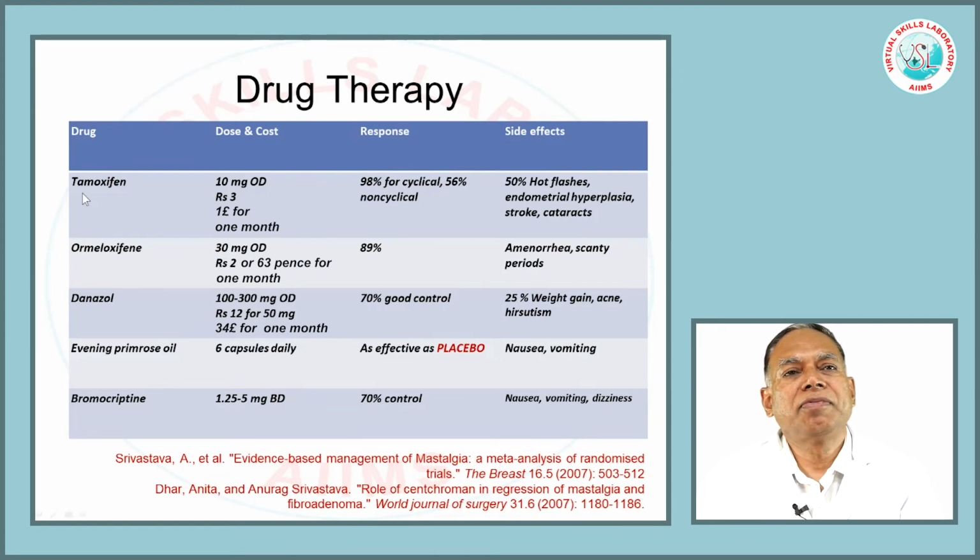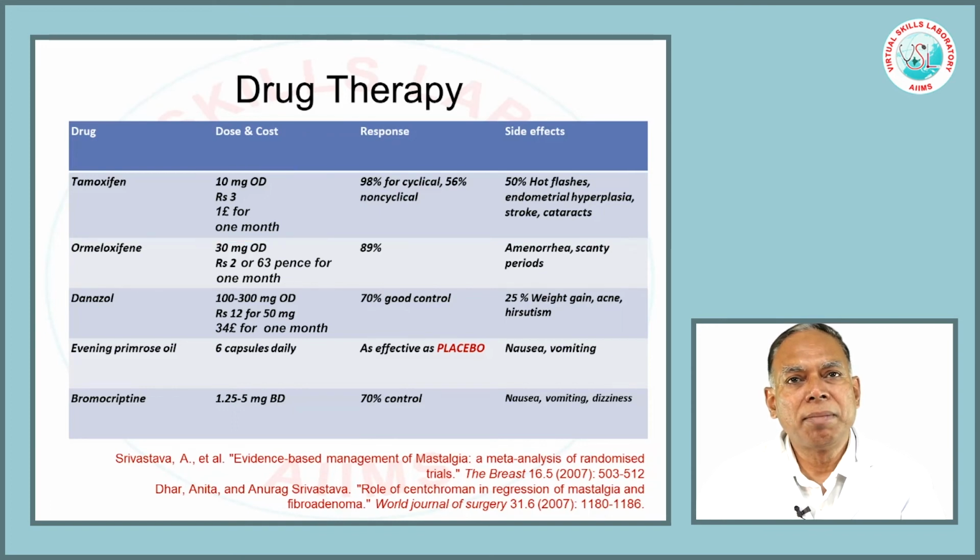We start with Tamoxifen, which is recommended for women having severe breast pain more than 3 on a scale of 0 to 10, given for a period of 2 to 3 months. Use 10 milligram daily for 3 months, that is half the cancer dose, and in this dosage it is very effective.